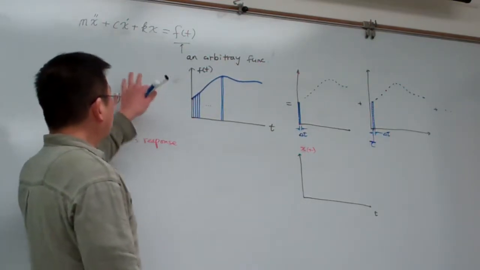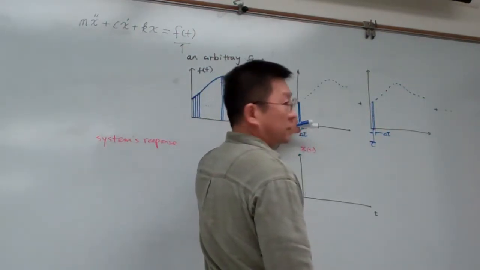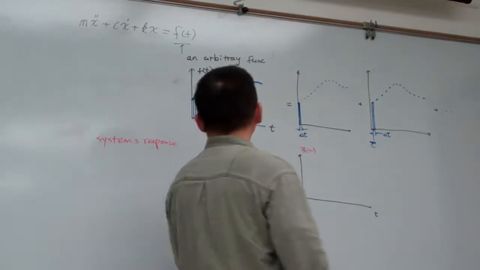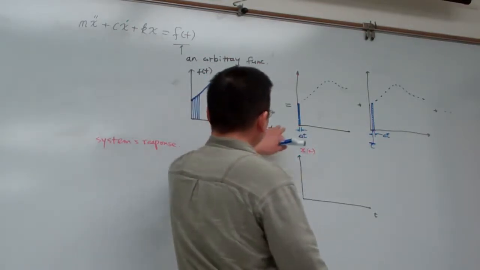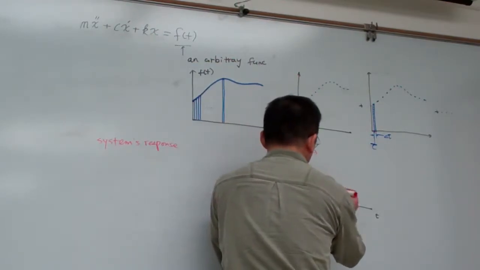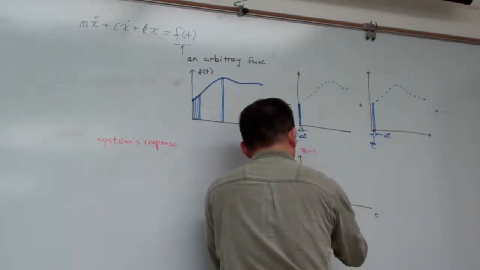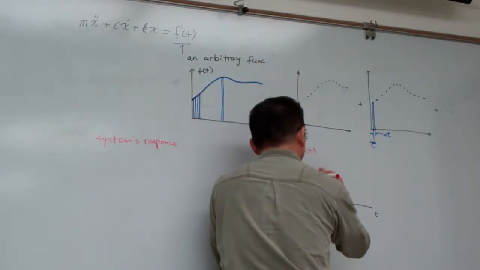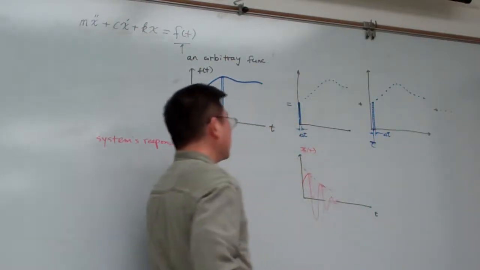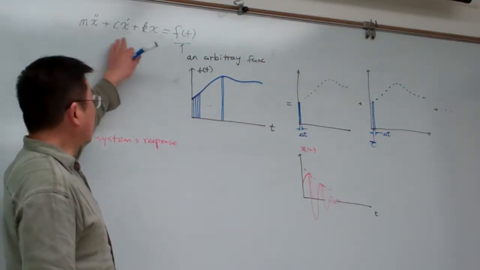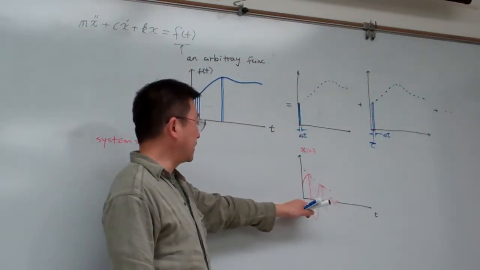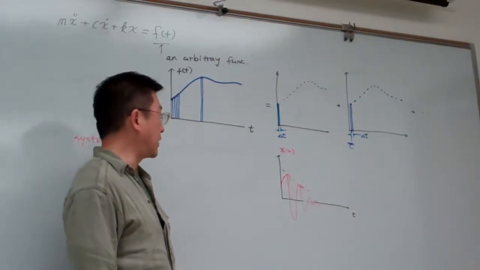Right now, consider the system response to this particular strip. This is a damped system, and this is a small strip. For example, if the system response is something like this, let me draw it carefully. Basically this is a damped system under a certain small strip force, and in concept let me schematically draw the system response like this.